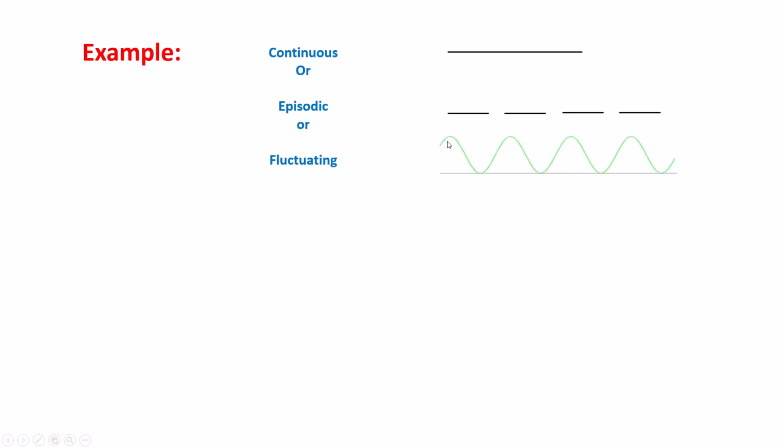The problem is increasing, decreasing, increasing, decreasing. In episodic, in between he is normal, but in fluctuating he is not normal; the problems are coming down and going up, but still the problem is there. He has no chance of being in normal mode.